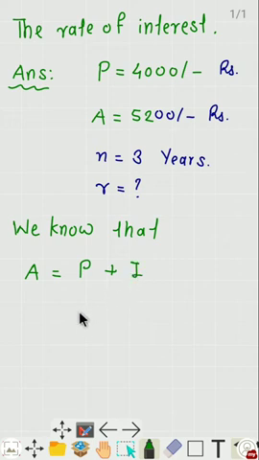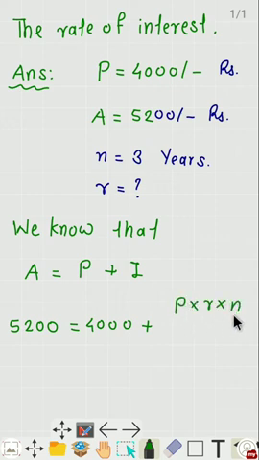Okay, so amount is given, so amount is rupees 5,200, principal is 4,000 rupees, and plus interest is a simple interest, and that is given by P into R into N whole divided by 100.